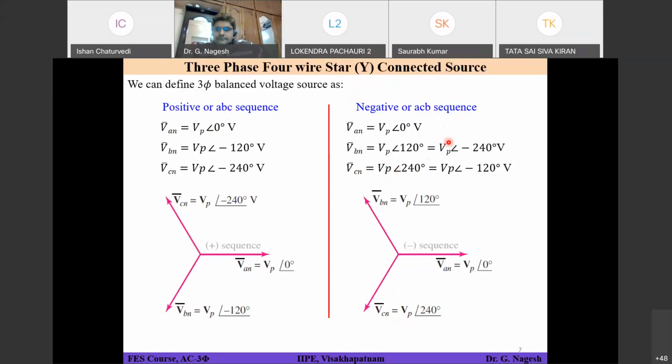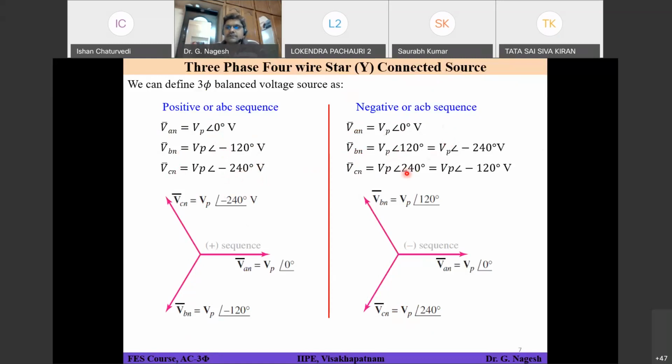Sir, are these two equivalent or not? No, these two are not equal. Even though the amplitudes are the same and the phase difference is the same between different phases, the phase difference angle is going to have a different impact, because if you see the algebraic sign here, VBN is minus 120, here it is plus 120. VCN is minus 240, here it is plus 240.